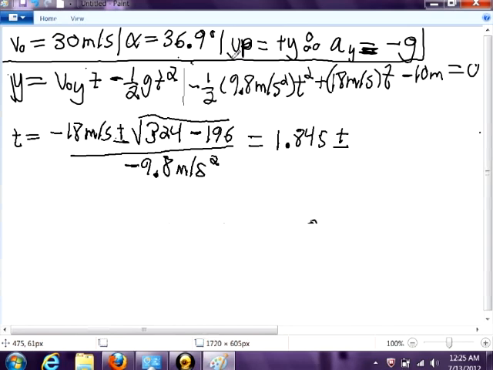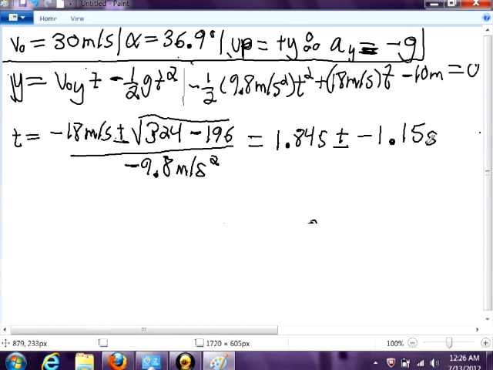About 11 point something, if we round, approximately 11.3. Now 11.3 divided by negative 9.8 should be about 1.15. So negative 1.15 seconds.